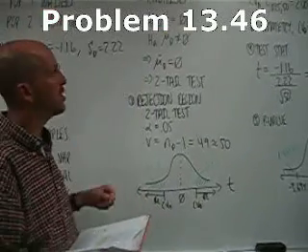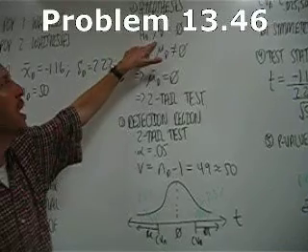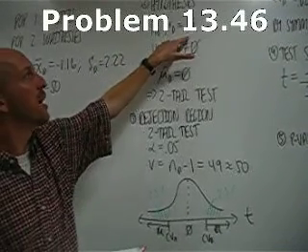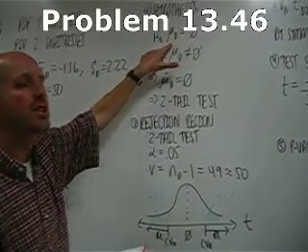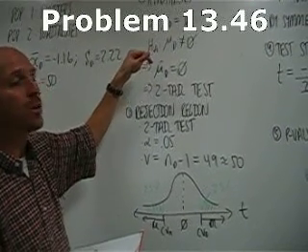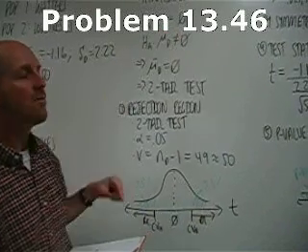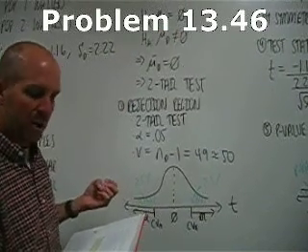Step 2 is our hypotheses. Again, this is where we read the question and figure out what we're trying to determine. Our null is going to be, again, the population parameter equals some value. So the parameter here is the population mean difference between the tips earned by waiters and waitresses, equals 0. We're going to use 0 as the value there because we're not told to check for a specific value.